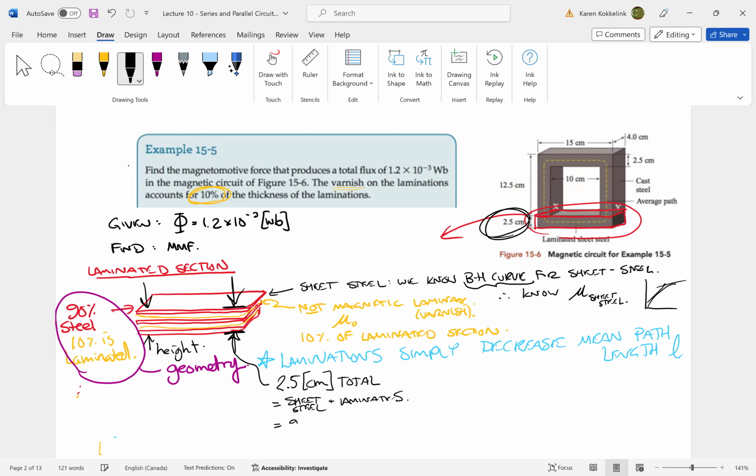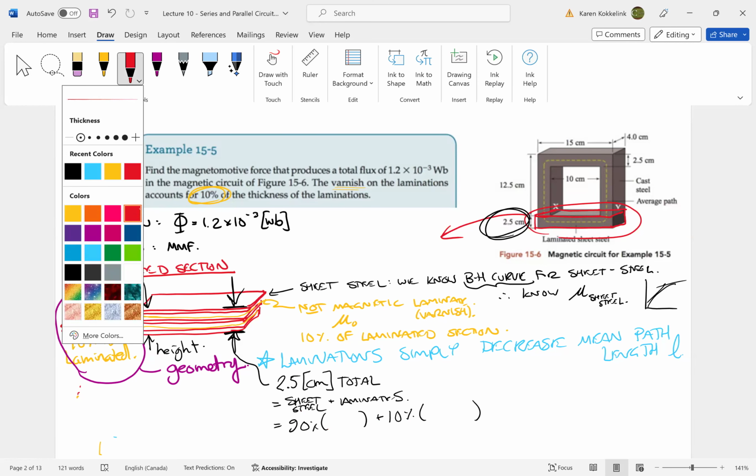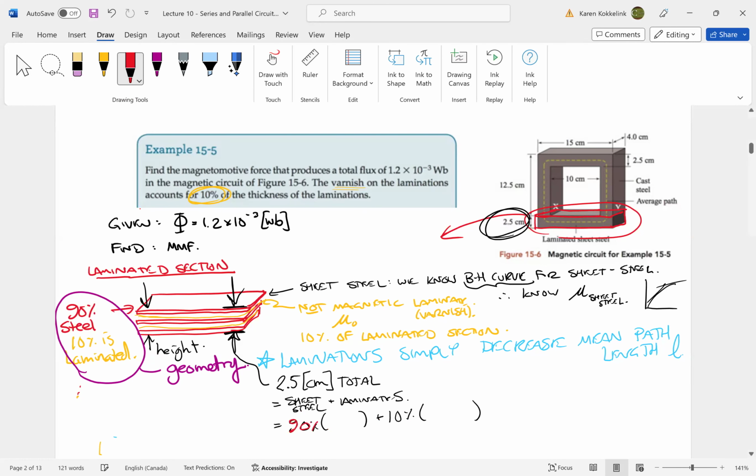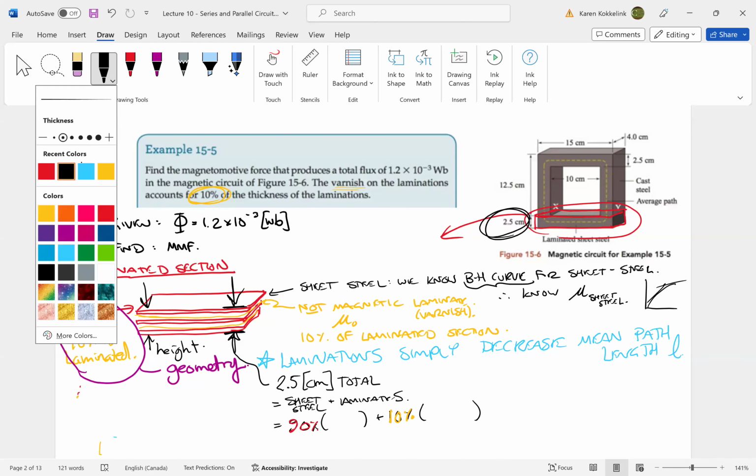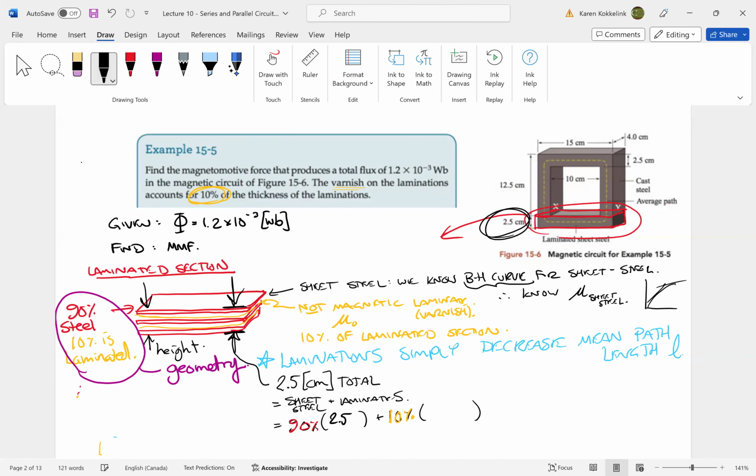But the sheet steel is 90% and laminates are only 10%. 90% is red and 10% is yellow. So 90% of this height of 2.5 centimeters and 10% of 2.5 centimeters. That's what this means.